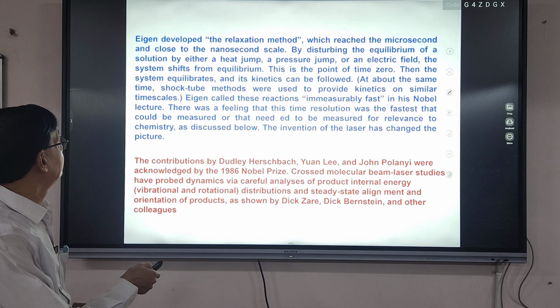So why I am showing these things, why it is important, because you see, the century old, whenever I teach any chemical kinetics, even to B.Sc. B.Ed. students, I always refer to this great thing, that is the Arrhenius equation. You see, that is the starting point. And the relaxation technique is also important.